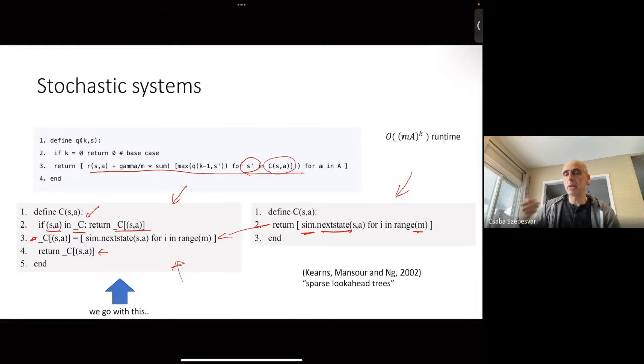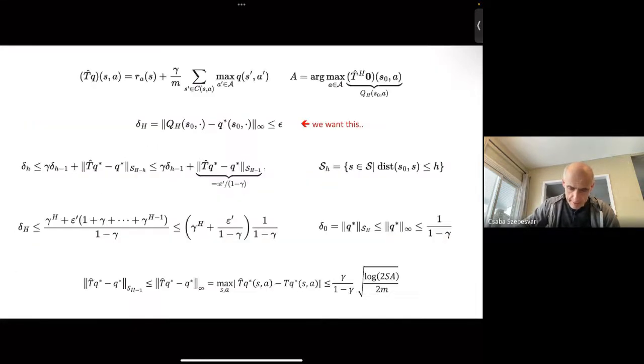And you can also imagine that you do this sampling ahead of time, not on the fly, and you just save m next states for each state action pair that you may or may not encounter during this recursive call of this function Q. Just do that up front and then save it. And so that allows you to see the whole procedure as just using this sampled version of the Bellman optimality operator.